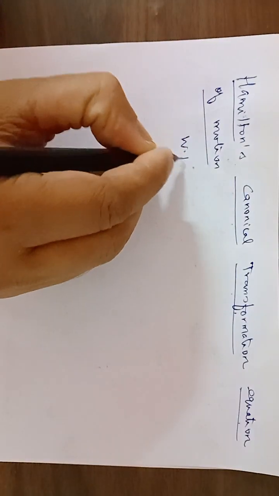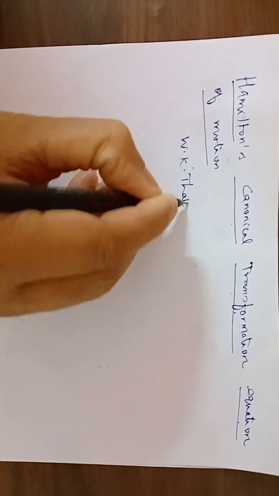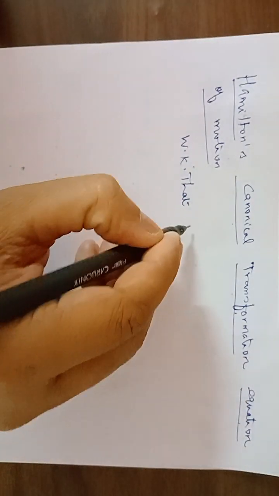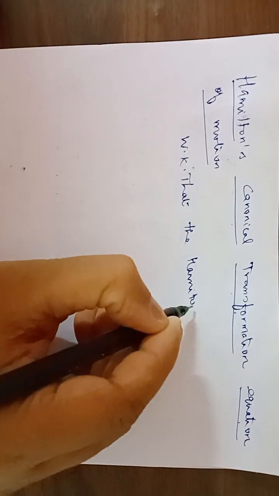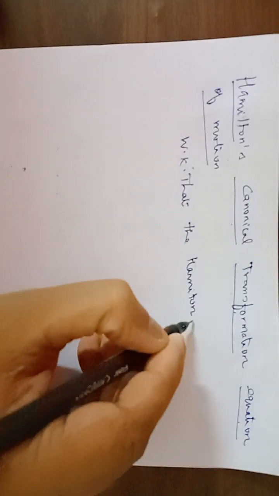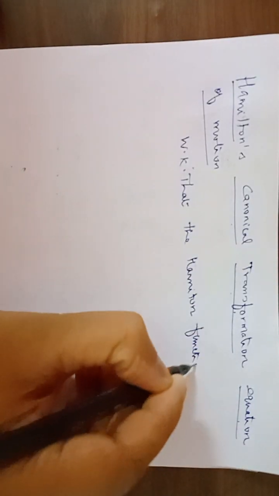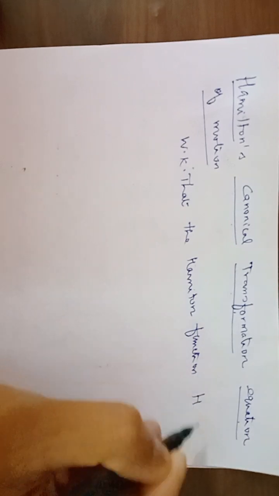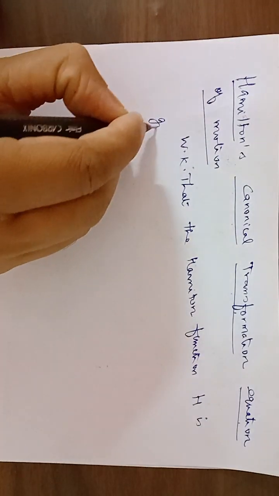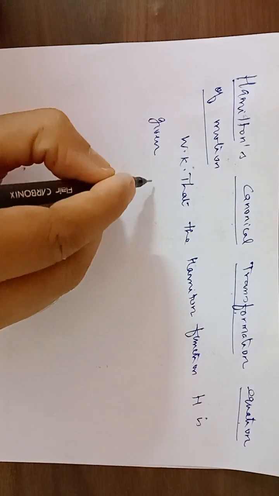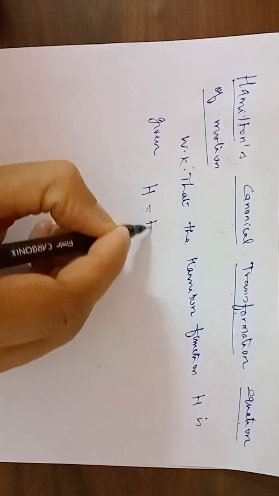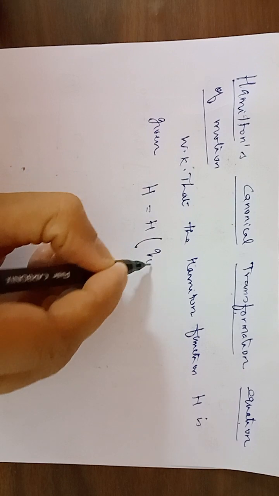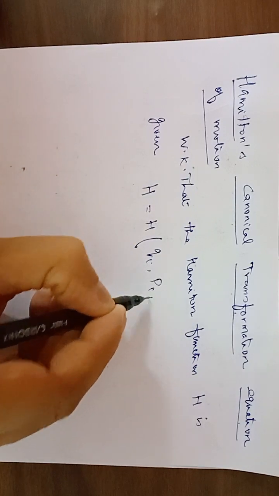We know that the Hamilton function is represented by the letter H. The Hamiltonian function is given by H is equal to H of qi, pi and t.